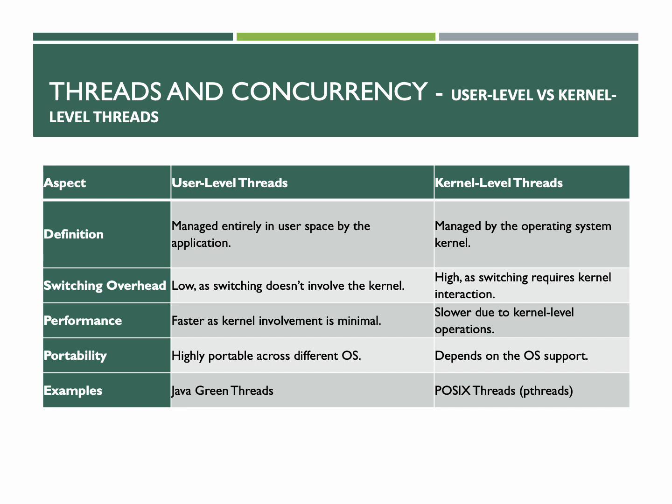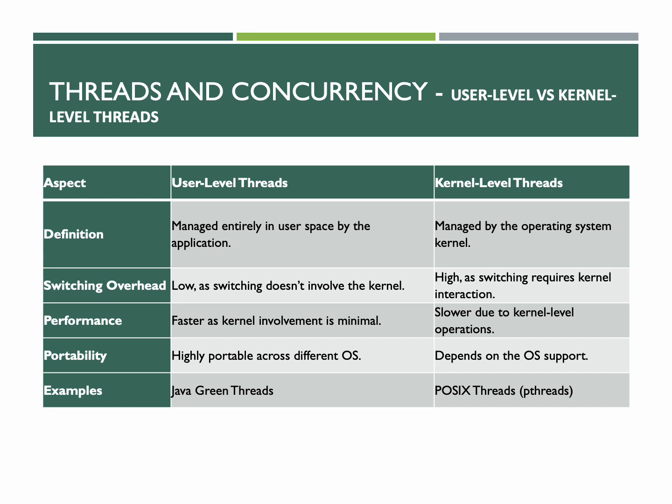Next is switching overhead. User level threads have low switching overhead since the kernel is not involved, and this makes context switching between threads faster, whereas kernel level threads have higher overhead because switching requires interaction with the kernel, and this involves saving and restoring kernel level data structures.